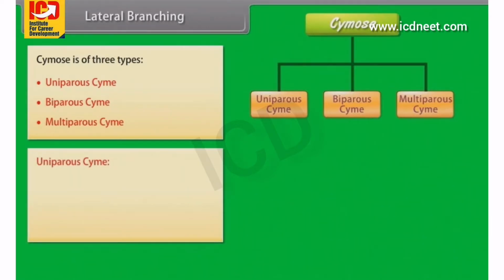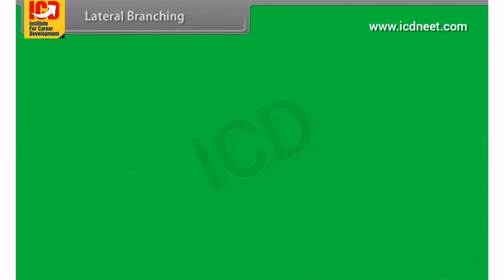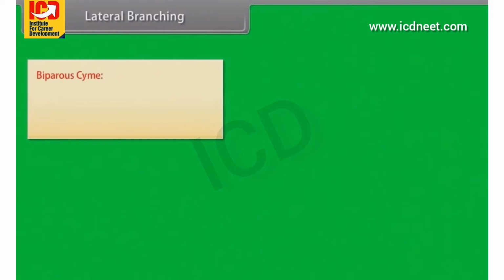Uniparous chyme. A chymos type of branching with only one lateral branch produced at a time. It is known as monochasial or sympodial. It shows two distinct types, namely helicoid and scorpioid. Biparous chyme.